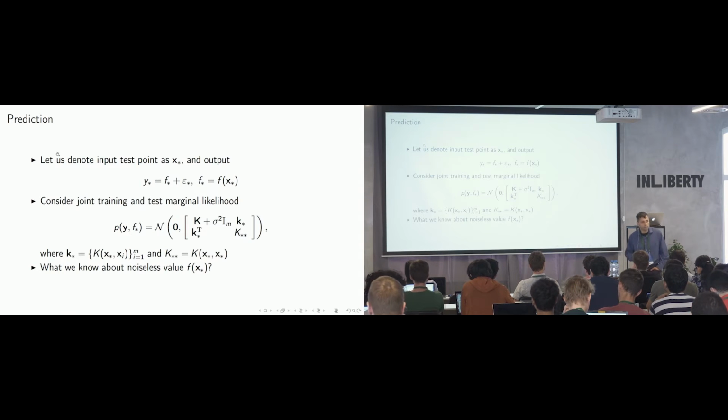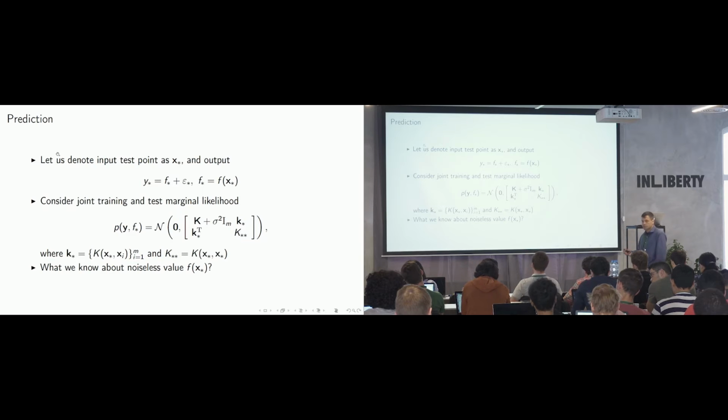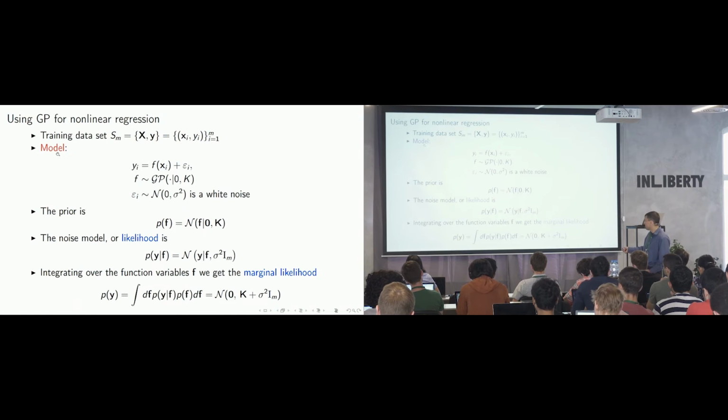Now let us consider the joint distribution of all observations y from the training sample and the unknown value f star. Of course, the joint distribution of these two things is a multidimensional Gaussian distribution, again with zero mean, and a covariance matrix which has this structure. This covariance submatrix is equal to the covariance matrix of the vector y, which we just calculated.